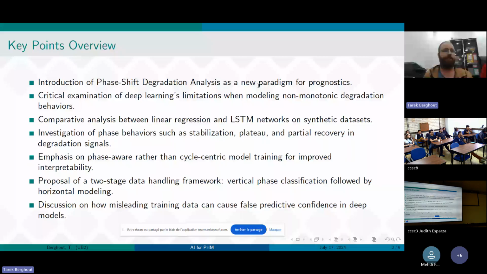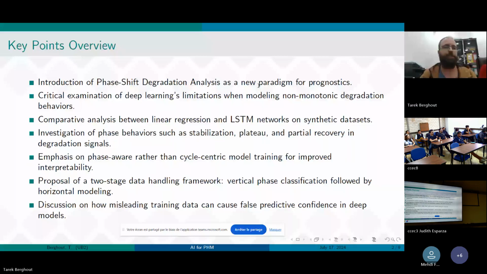The goal of comparing deep learning and machine learning models is to show whether deep learning models truly follow the degradation process compared to linear regression models, because deep learning has the ability to learn more complex patterns, and with an incorrect labeling process, it will get stuck in inaccurate predictions.